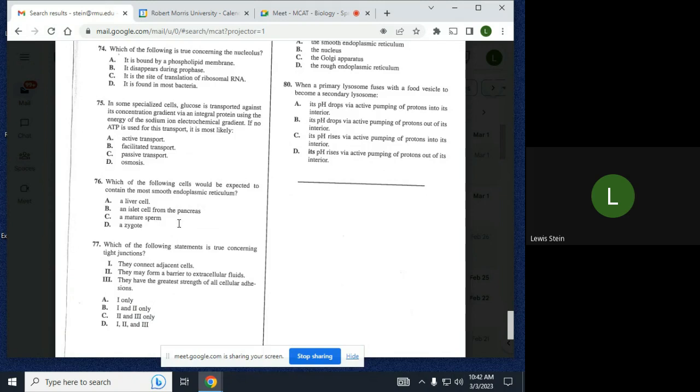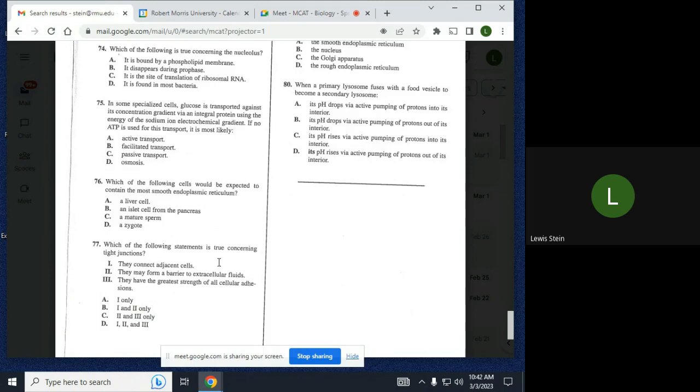A sperm, I would exclude that because it's really not a true cell. In that sense, it's limited, mostly genetic material. It certainly would not have a lot of smooth endoplasmic reticulum. And remember, from the mom is where we get the internal structures, the cytoplasmic structure. Islet cells, definitely not, because it's a protein factory. So, liver cell. Liver cells are very distinctive. They do a lot of detoxification. That's fat processing for the liver.